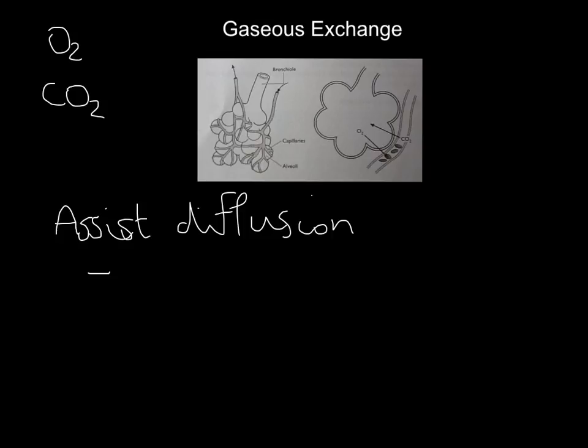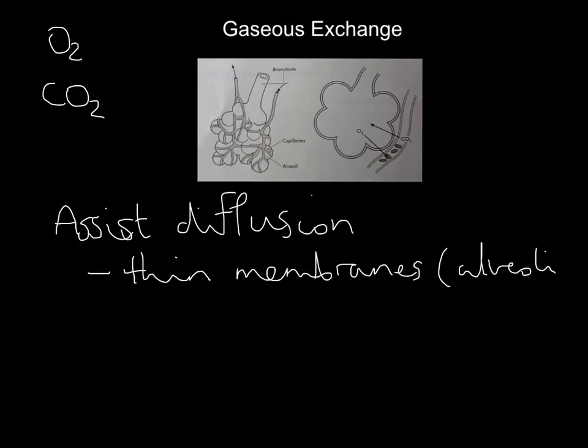Number one, thin membranes, i.e. the alveoli and the capillaries have thin walls.